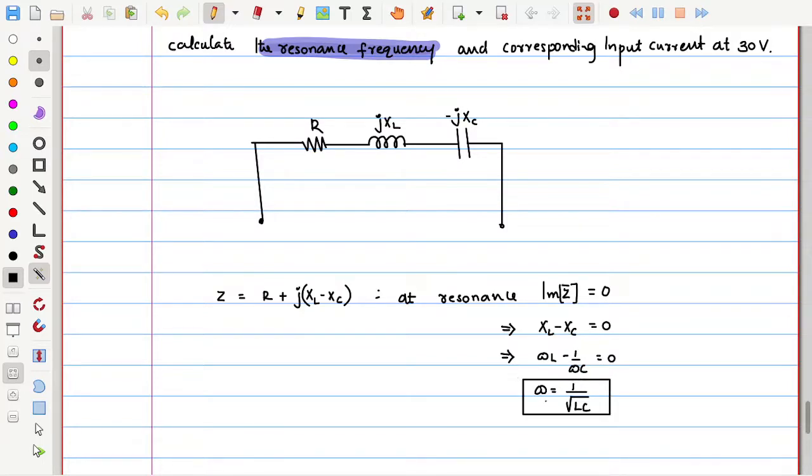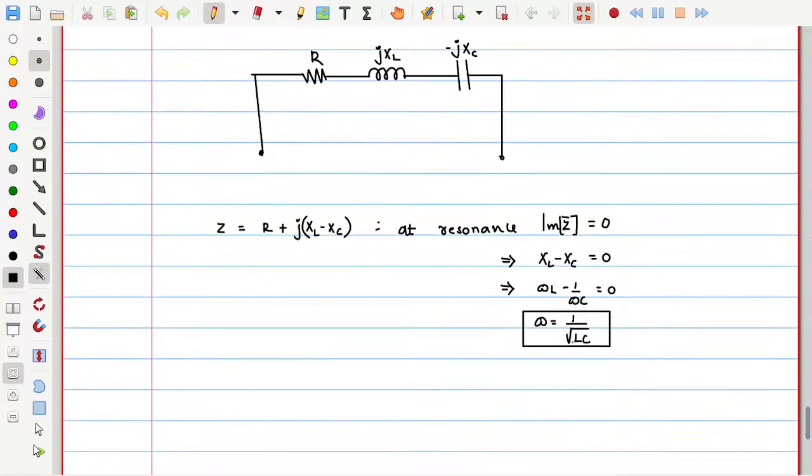This is angular frequency, but if you want frequency directly, you can write f equals 1 by 2 pi square root of LC. These are angular frequency in radians per second, and frequency in hertz. Whichever you need, you can utilize.